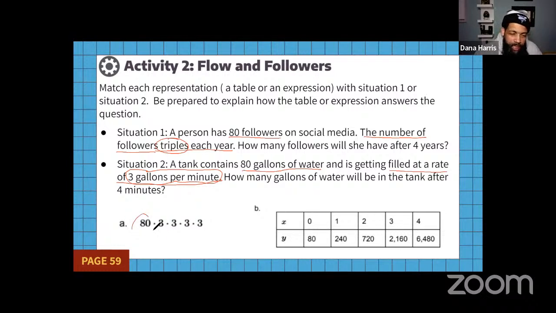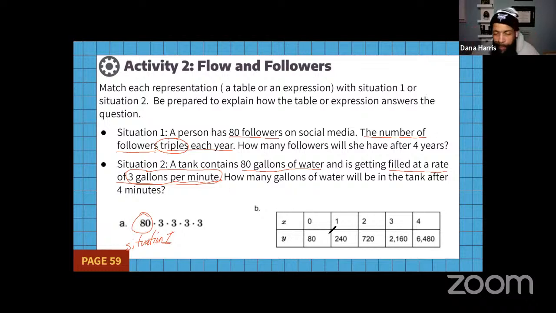Here, I start with 80, and then I multiply by 3, I multiply by 3, I multiply by 3. This is situation 1, okay? Situation 1. And let's put a 1 like that so y'all know it's a 1, all right? We have these X values in this table, 0, 1, 2, 3, 4. The Y values are 80. That's the initial value. 240, 720, 2,160, 6,480.